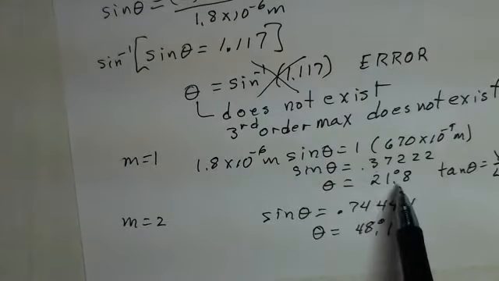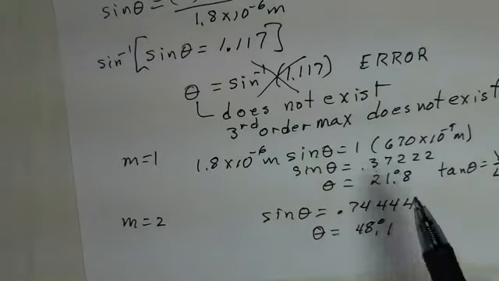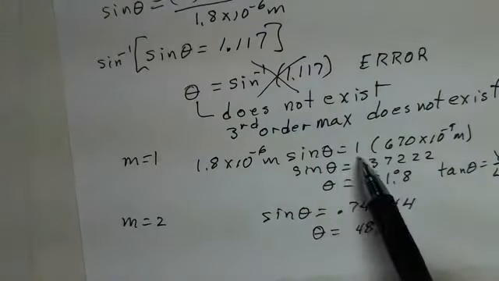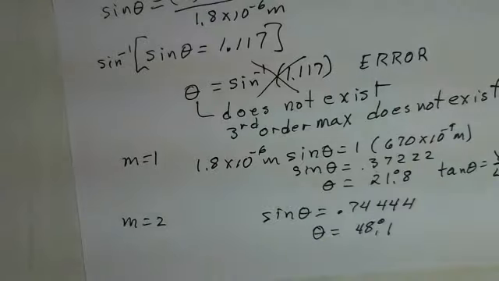A factor of 2 here would be 43.6. Definitely not the case. And then I would not add another 21.8 degrees to this to find the m equals 3 location. The m equals 3 location doesn't exist. So be careful on doing proportionalities. The sine is not a linear proportional function, so you must go back and do the calculation with the inverse sine.